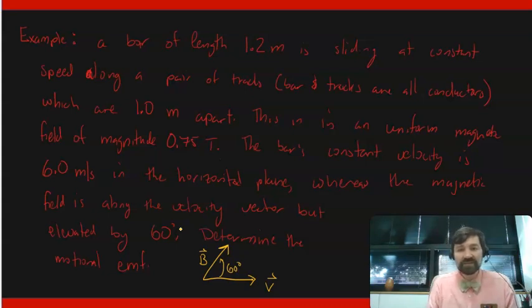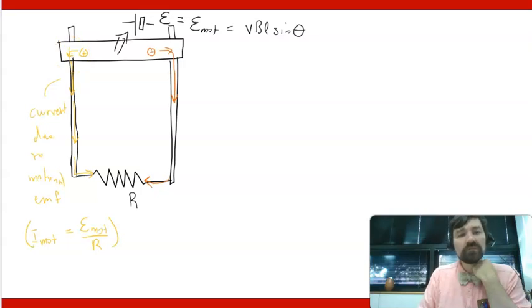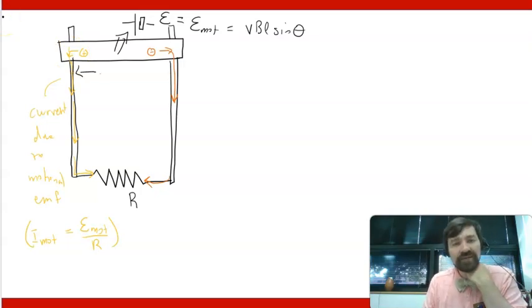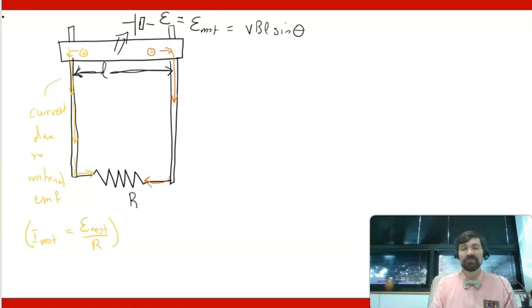And you'll notice that I've said length is 1.2 meters, but the bars are 1 meter apart. That means that 1 meter is effectively the L. So if I come back up here to this diagram, L is actually the distance between your two tracks in this case, not the length of the bar, since that is the distance along which these charges will move.